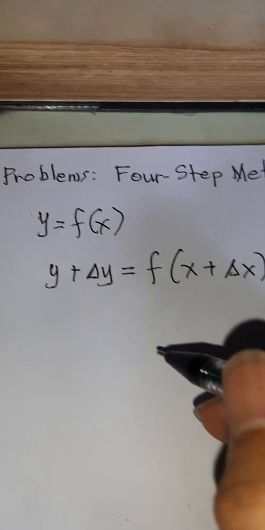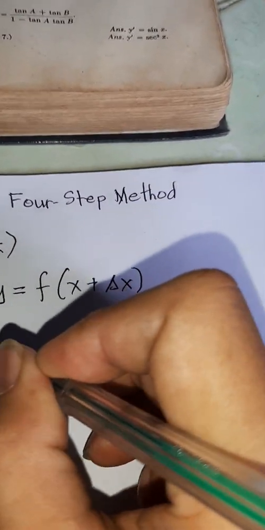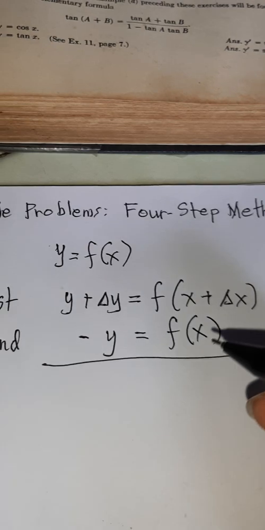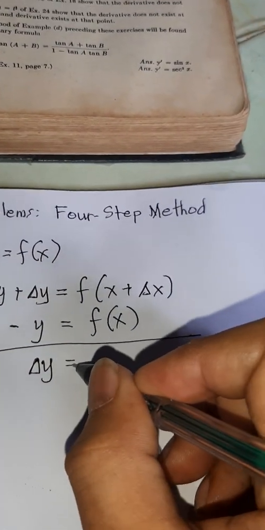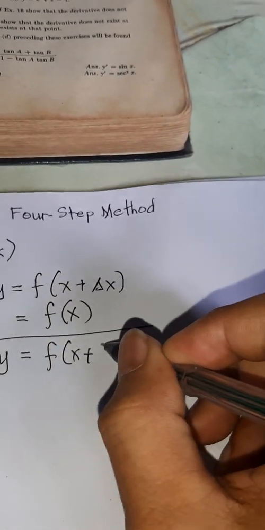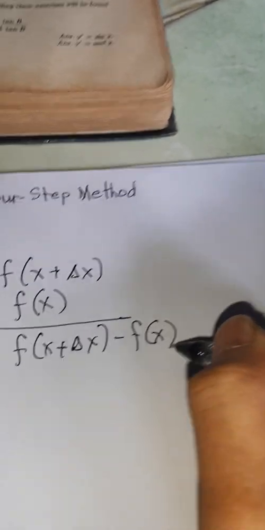The second step is to subtract the original function from this new equation. Producing delta y dito sa left side, and since hindi naman natin siya pwedeng ma-subtract, susulat lang natin siya sa ganito.